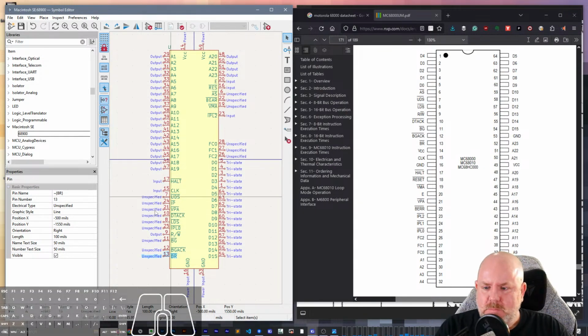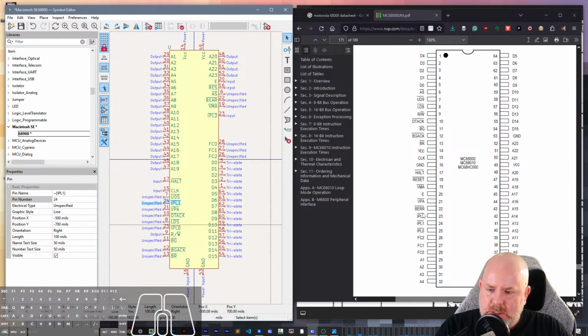Okay, let's keep going around here. So 25 is IPL0. IPL1 is 24. So that was, I almost got that. Let's go for, let's see, UDS.